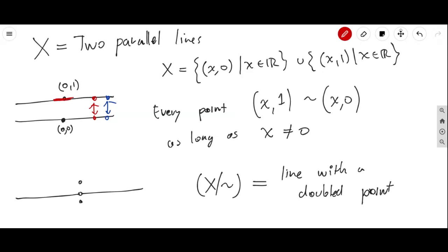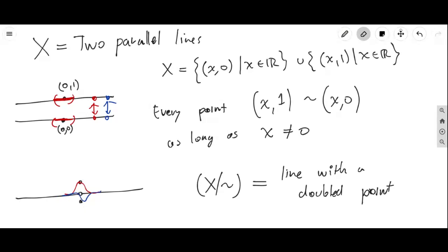If you draw an open set around (0, 1) and you draw an open set around (1, 0), these two open sets are different because these two points are not being glued together, but everywhere else they come together. So you cannot separate them. If you try to find an open set that contains that point, it will go like this, and if you try to find another open set that contains the other one, it will go like that, and they will intersect everywhere else except at these two.